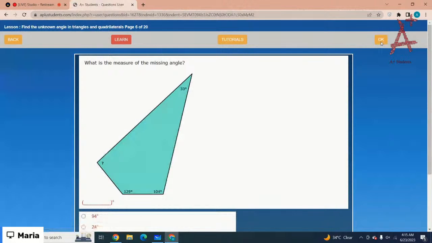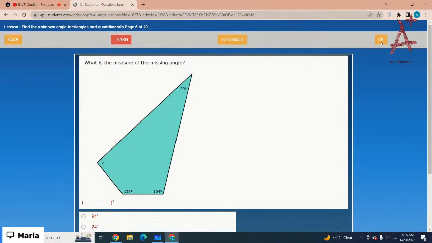Okay, the next one is, what is the measure of the missing angle? So just add them and subtract the total from 360.